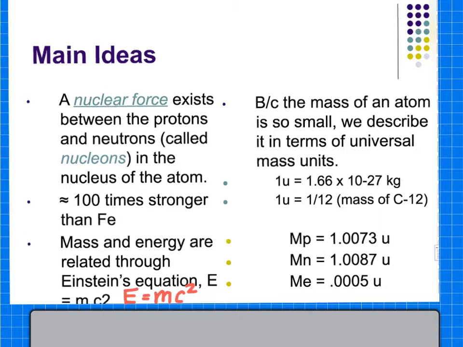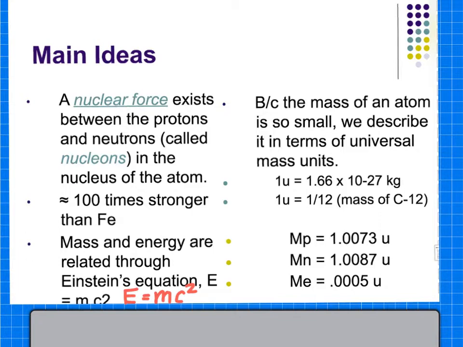Protons and neutrons are thought to have the same mass, but not exactly. When you look at them in terms of universal mass units, you can see that the proton is 1.0073 universal mass units, which is 1.0073 times 1.66 times 10 to the negative 27 kilograms. That's the conversion. And a neutron is 1.0087, slightly more massive than the proton.